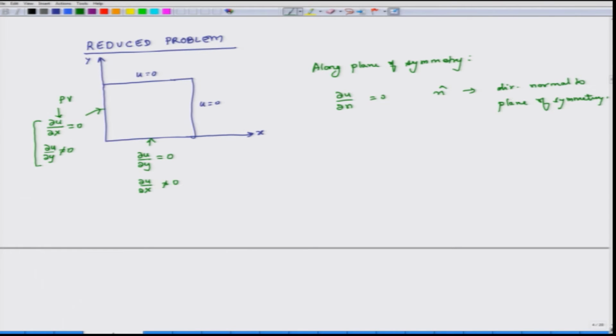So with that understanding, these are the extra boundary conditions. I will enforce del u over del x and del u over del y as 0 on these planes.